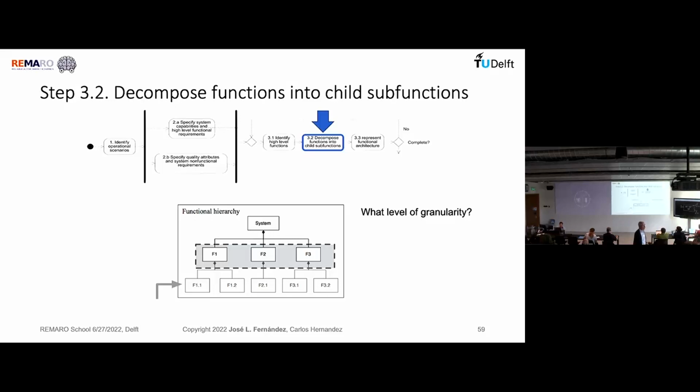The criteria is allocation. You need children level functions that can be allocated independently to different parts or different subsystems in this case. If you have a function that is in every place, this function is very complex. Split it into children. You understand me?